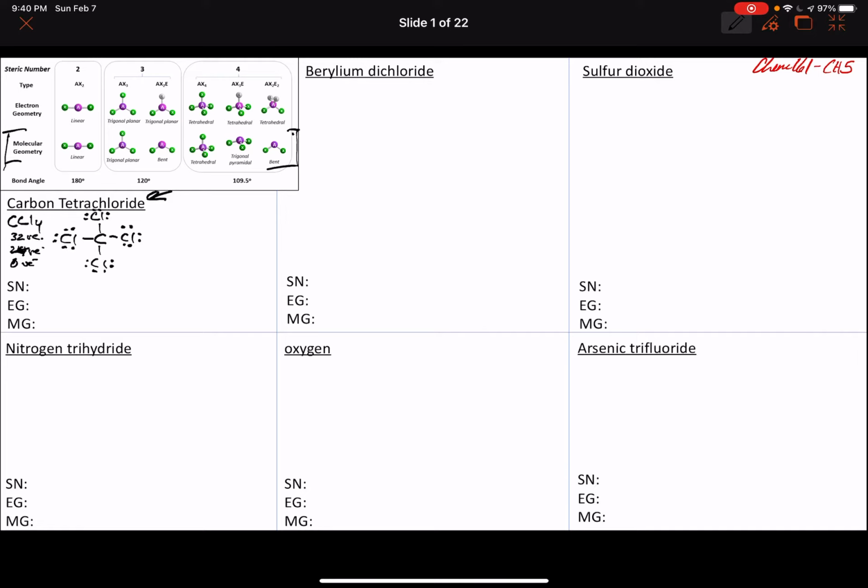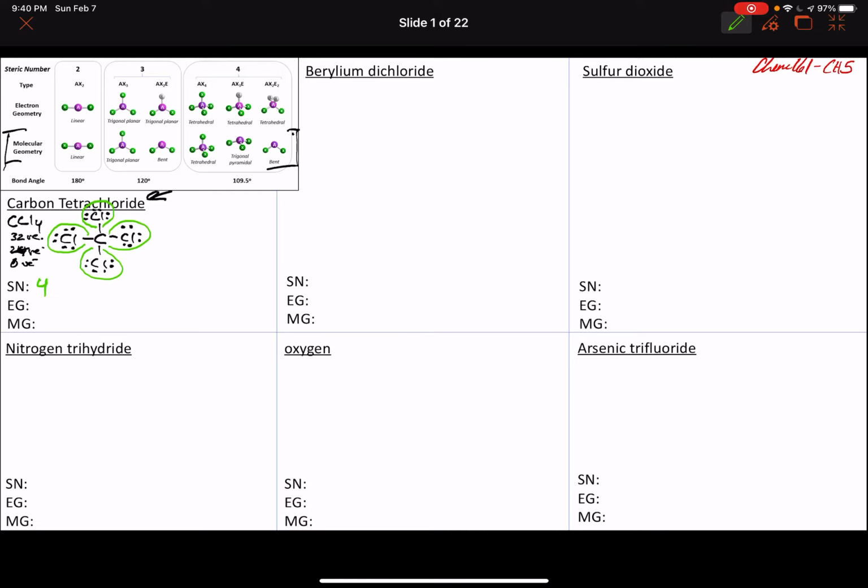We can now begin the exercise of identifying electron pairs, so we'll circle them here. So the bonded chlorine at top is 1, 2, 3, and 4. So those are 4 bonded electron pairs at a central carbon. So this must be a steric number of 4.